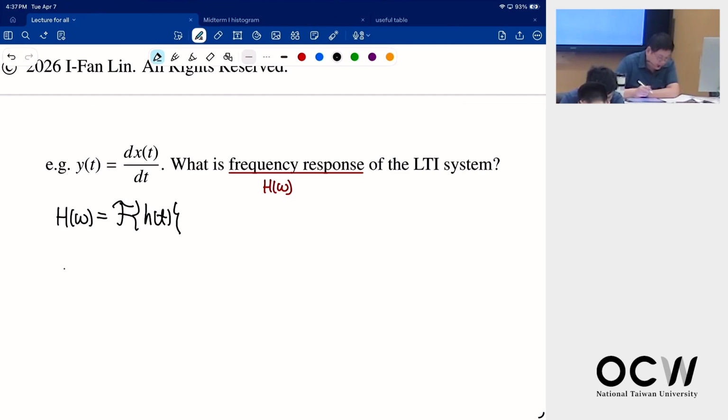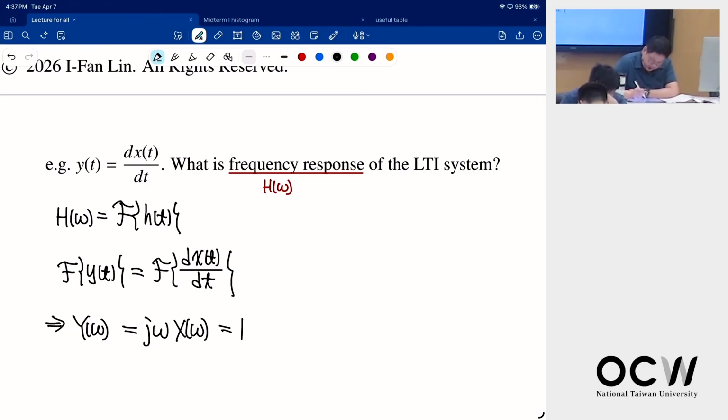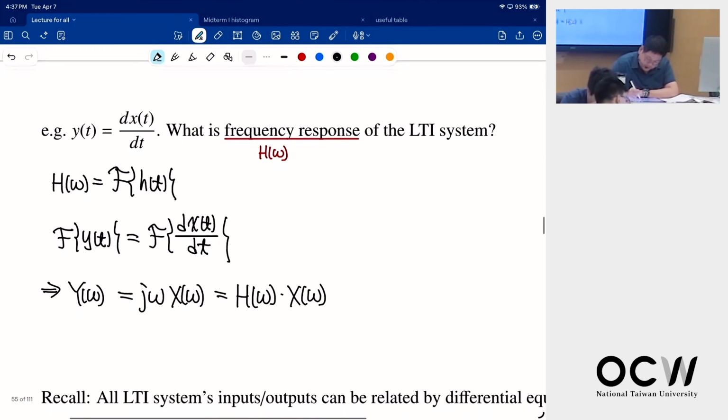If I take the Fourier transform of the system, as dx over dt, remember that if I take the differentiation in time domain, what happens in frequency domain? I generate the j omega. Every time I generate the j omega, so we can see that this is the frequency response times the Fourier transform of x. So your frequency response is j omega.